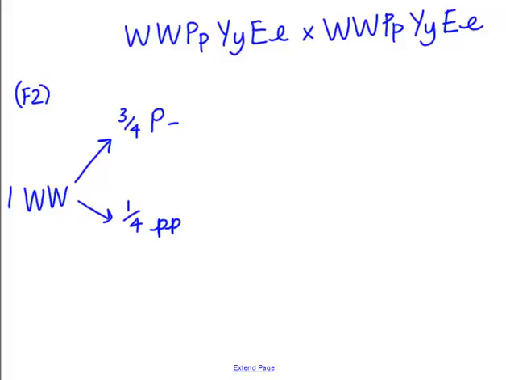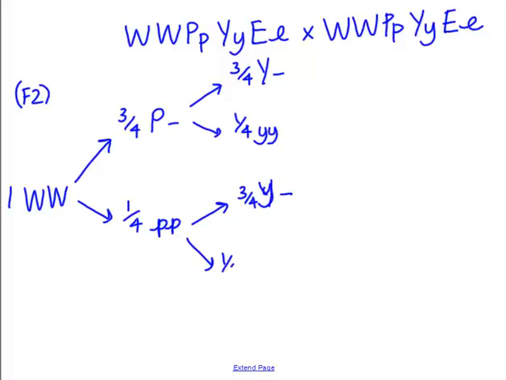Now you're doing, again, a monohybrid cross for Y. So you have 3/4 at least one big Y, 1/4 little y. And then for E, it's another monohybrid cross, right?